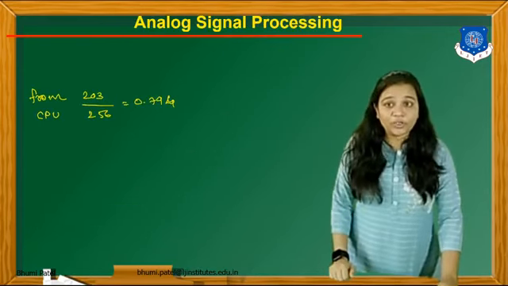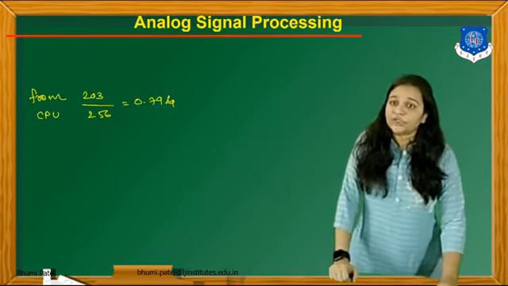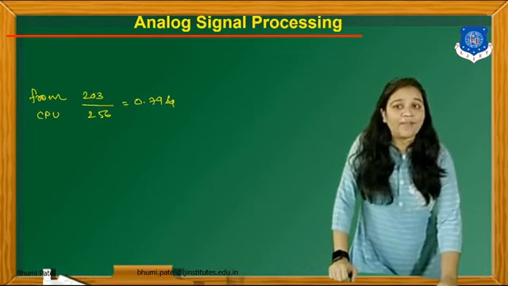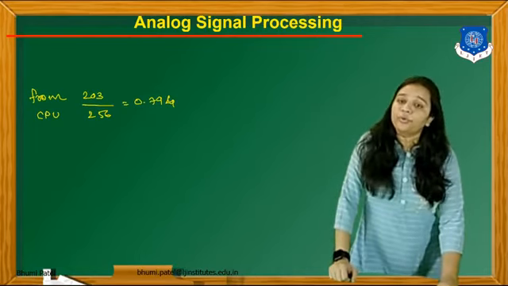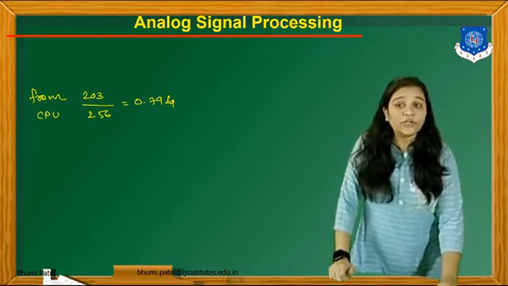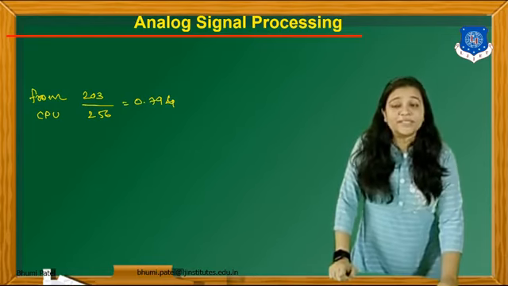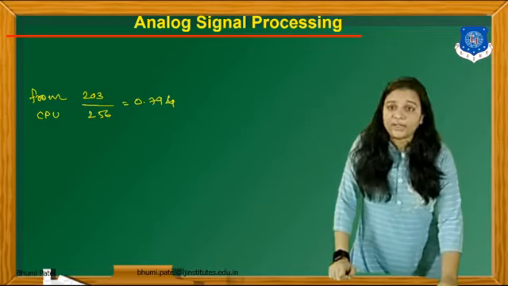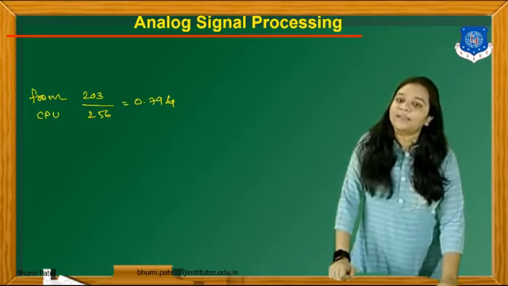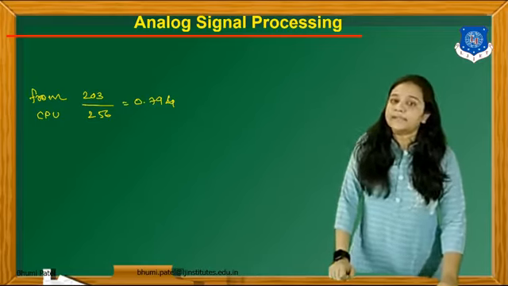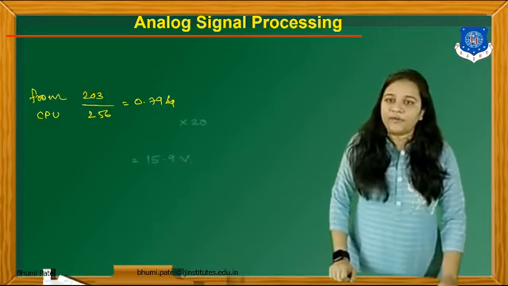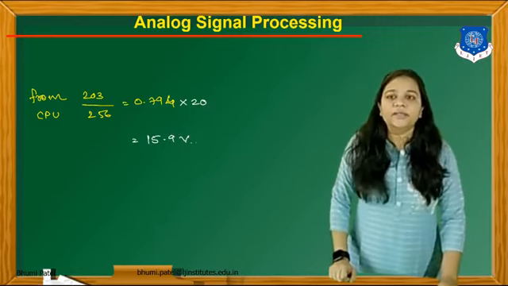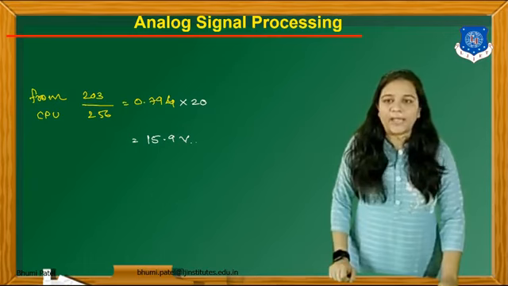And what is the calculation of this output part? From the CPU we can take the value 102 into 2, that is equal to 204, but in the process it will be around 101 point something, so we can get 203 divided by the 256, that is equal to 0.794 into 20 is equal to 15.91.